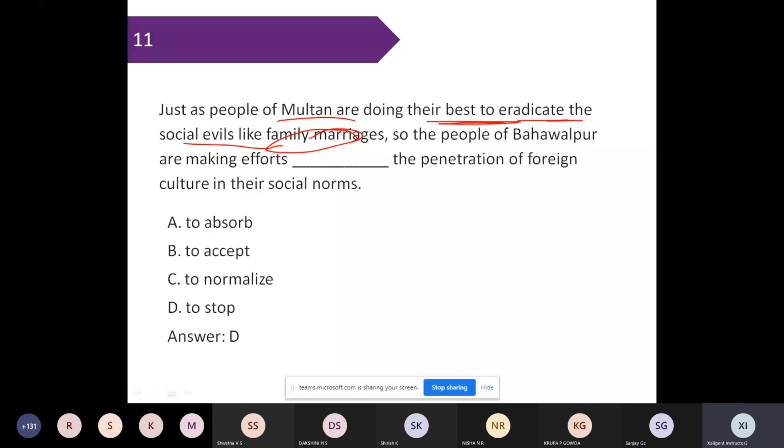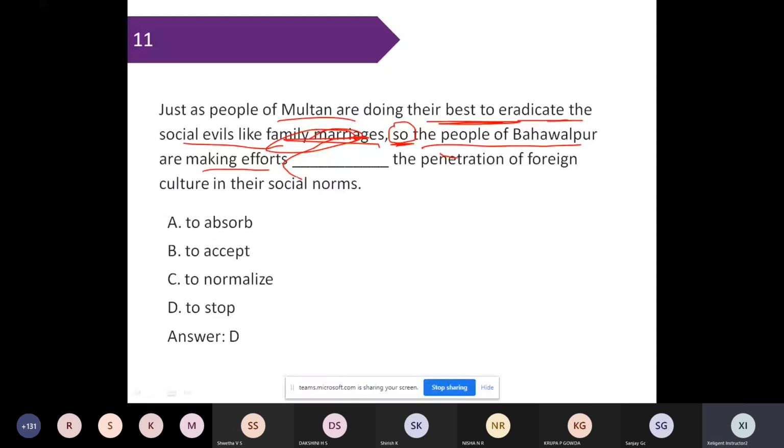So the people, "so" is the keyword, correct? So the people, yeah, that's cause and effect. The people of Bahawalpur. Again, there is one more region, Bahawalpur, and those people are also following the same thing as Multan's people. So the people of Bahawalpur are making efforts blank the penetration of foreign culture in their social norms.